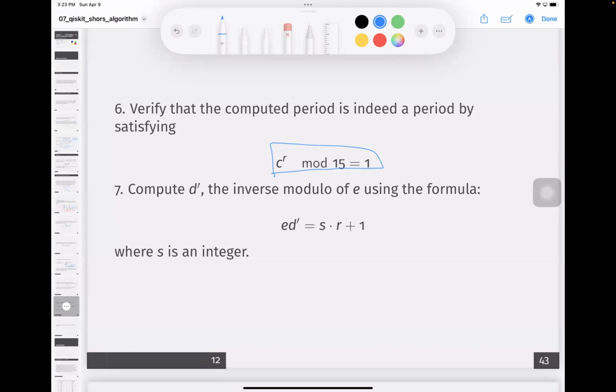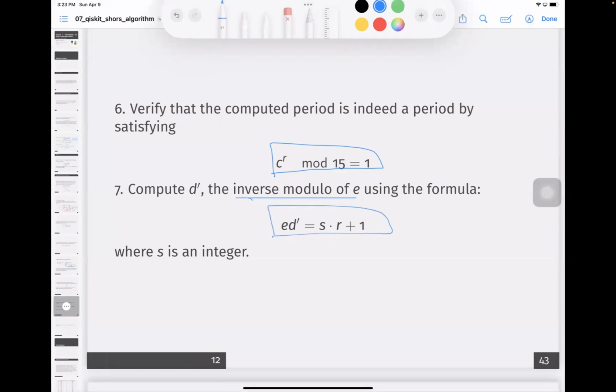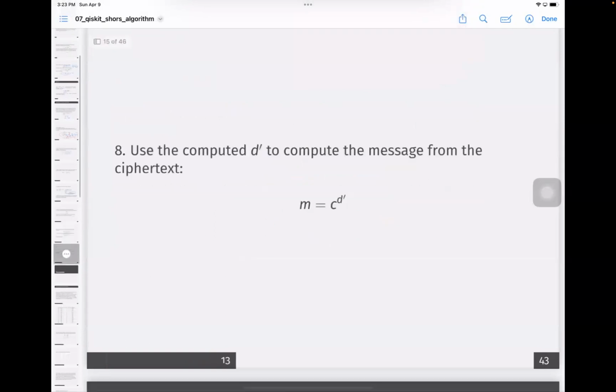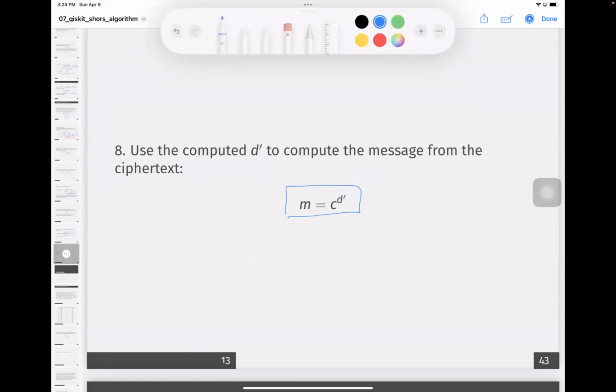And then you compute the inverse modulo of e using this formula. So once you get d prime, you can then use d prime to compute the plain text. So this is now your plain text.